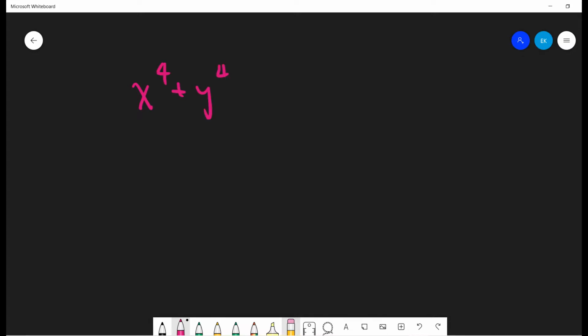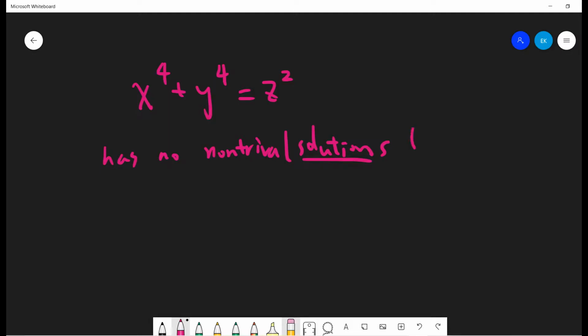So the goal is to prove that x to the 4 plus y to the 4 equals z squared has no non-trivial solution. What do we mean by non-trivial? It should be a non-trivial integer solution, meaning x, y, and z should all be integers and their product should be non-zero.